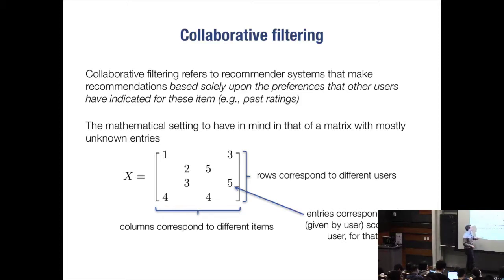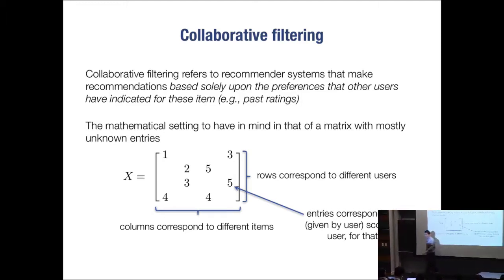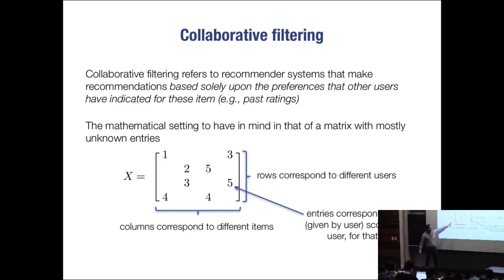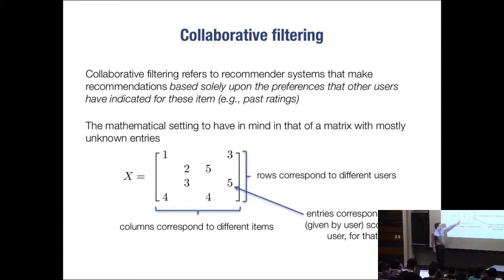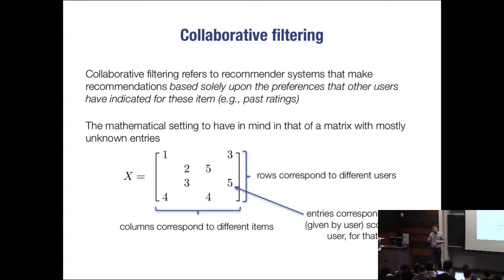What that means is that in this first row, user 1 rated item 1 as 1 out of 5, and rated item 4 as 3. User 4 rated the first item as 4, and the third one as 4 as well. So the entries in this matrix correspond to ratings that users have given to items.